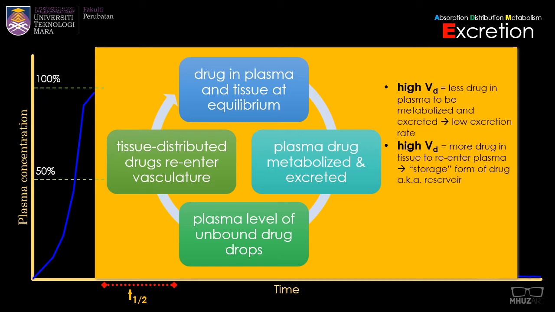This contributes towards the storage form of the drug in the tissues. You'll see this storage referred to as a drug reservoir in the textbooks. Combining both facts, you have a longer half-life for a drug with a high VD compared to a drug with a low VD.